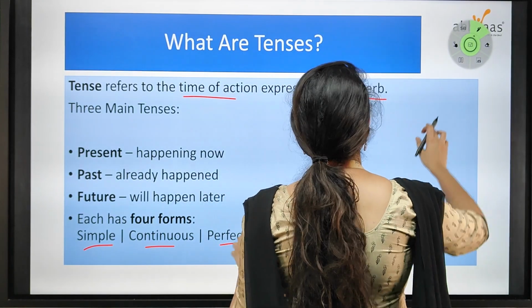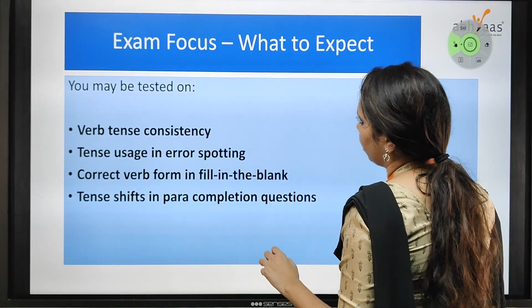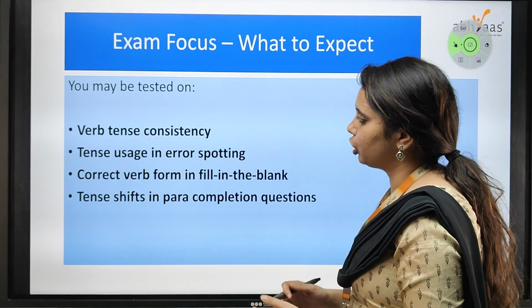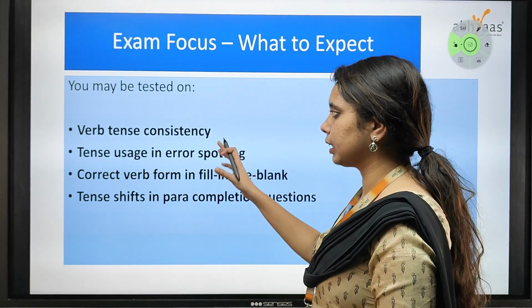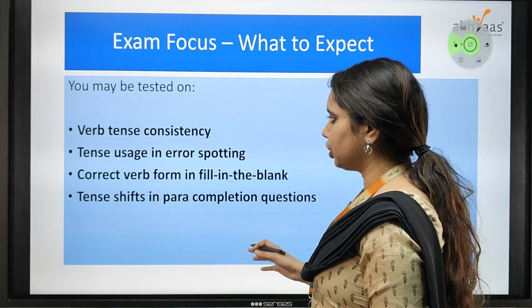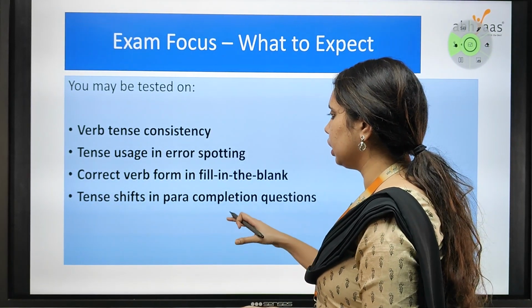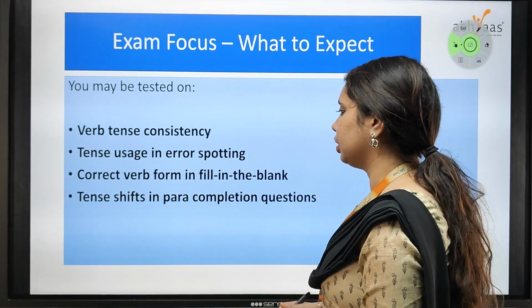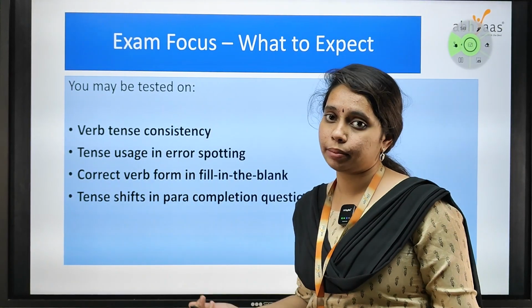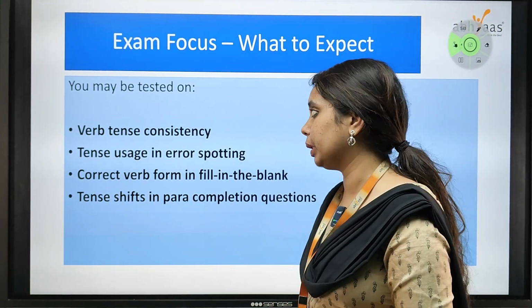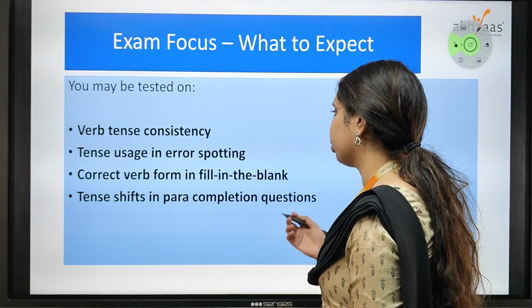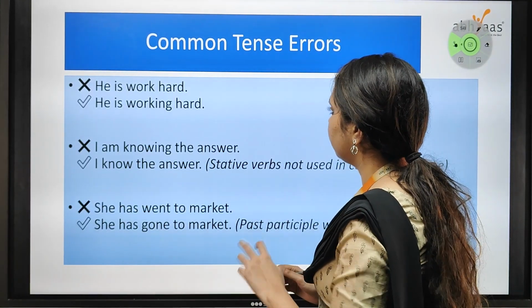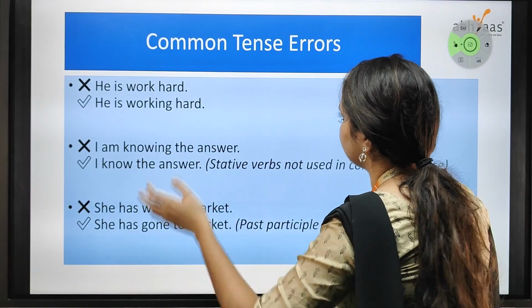Generally, in which areas you might be tested is verb tense consistency, tense usage in error spotting, correct verb in the fill in the blanks, and tense shift in para completion questions, and also sometimes subject verb agreements can also be tested in your error spotting.